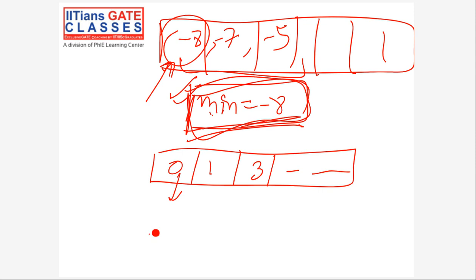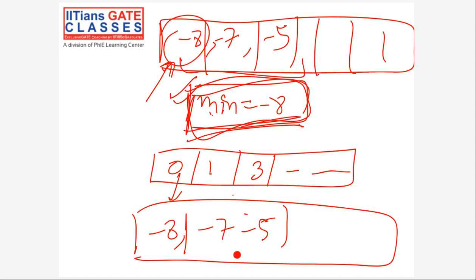So this becomes -8, -7, -5, and so on. This will be the sorted array. Is this step clear to everyone? Sanjeev, the way you said can also be done, but I'll require some extra space apart from the count array. In this method, I will only require the count array. I'll not require anything else.